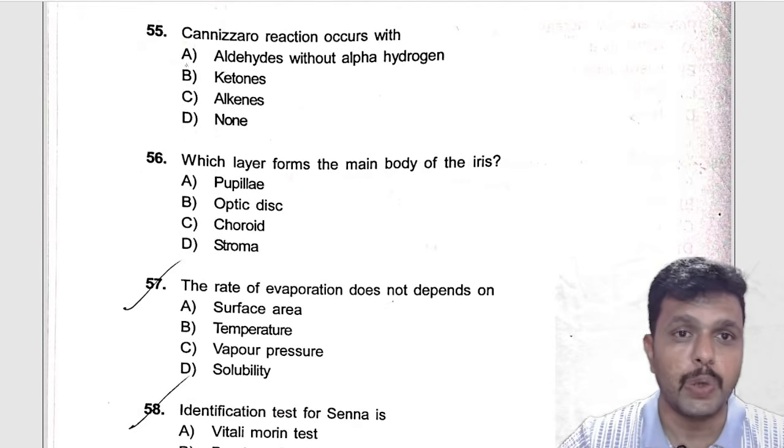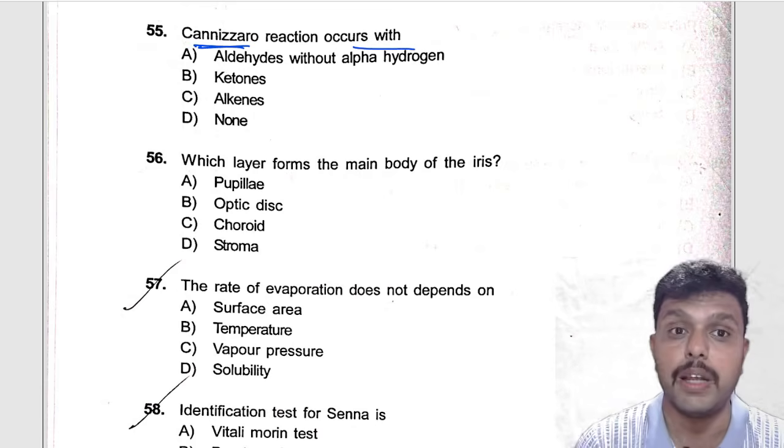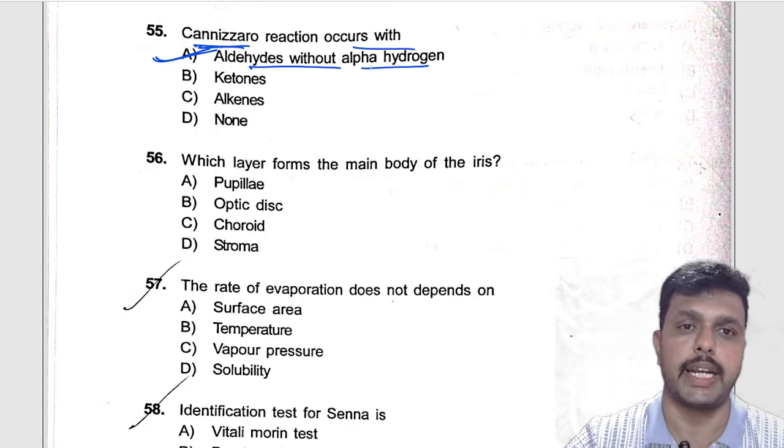Next, the Cannizzaro reaction. The Cannizzaro reaction mainly occurs with aldehydes without alpha hydrogen. Option A is the correct answer.